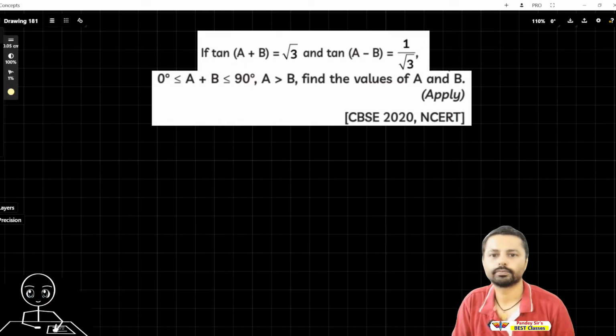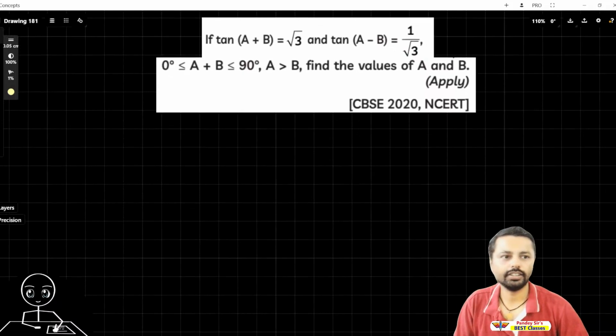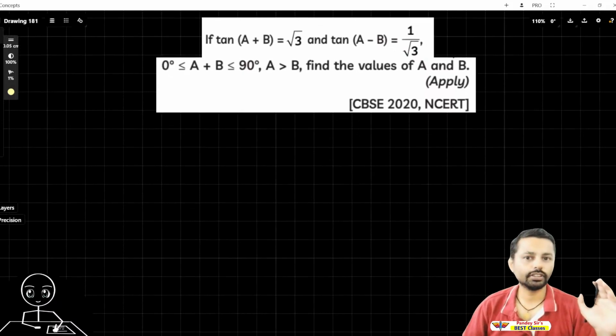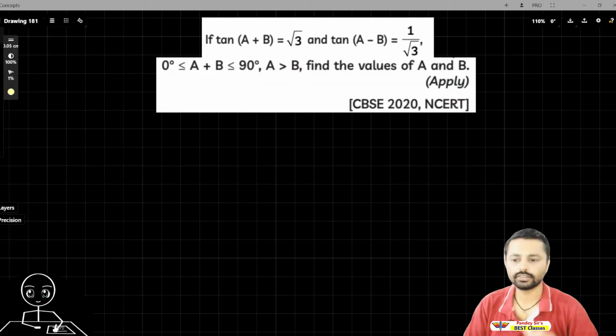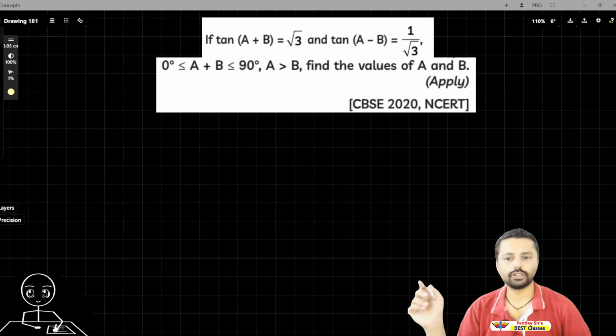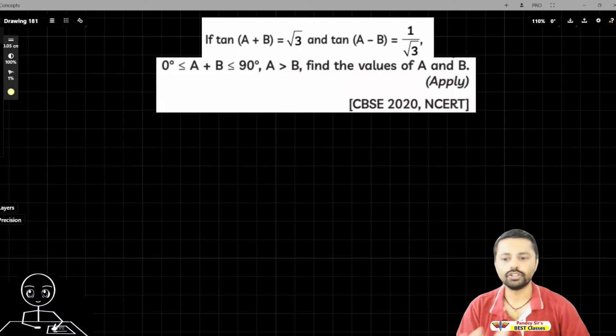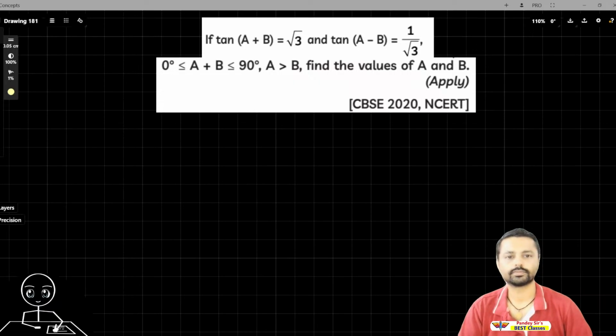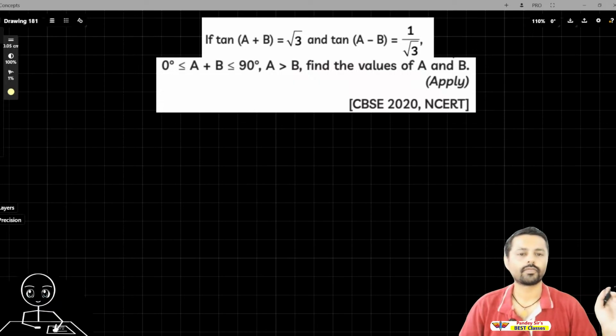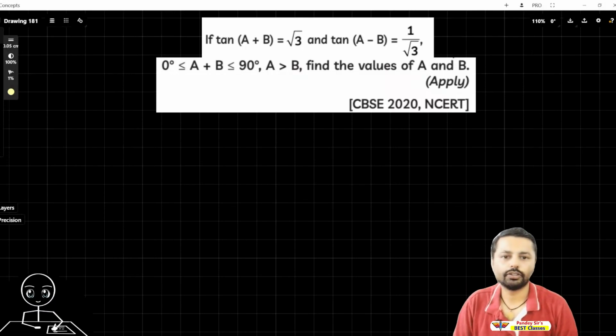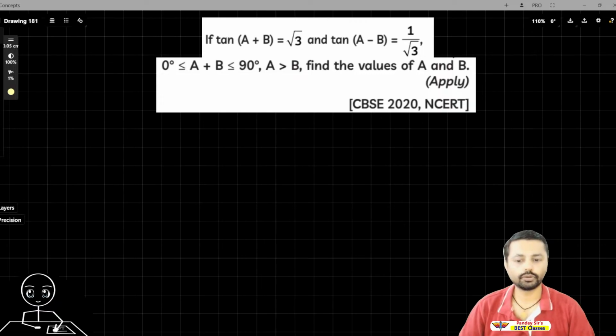So if tan A, how to do? Just think once which method you should apply. If tan(A plus B) equal to root 3 and tan(A minus B) equal to 1 by root 3, which value must you apply? See, in tan values, trigonometry values, which value comes as root 3?